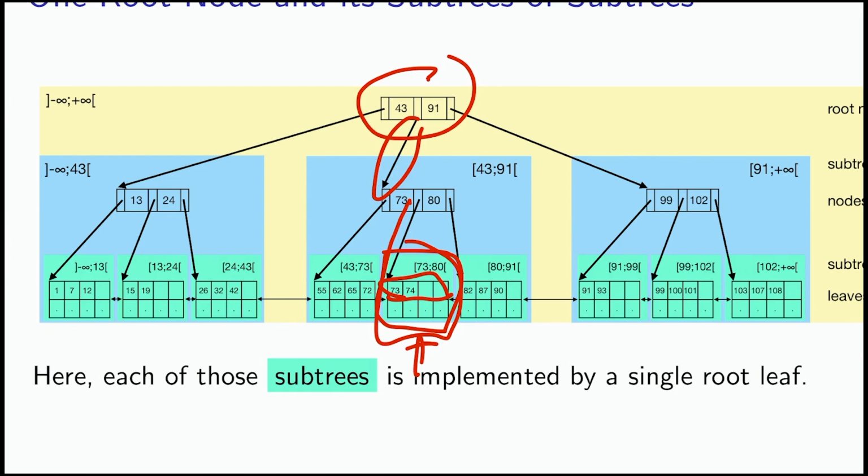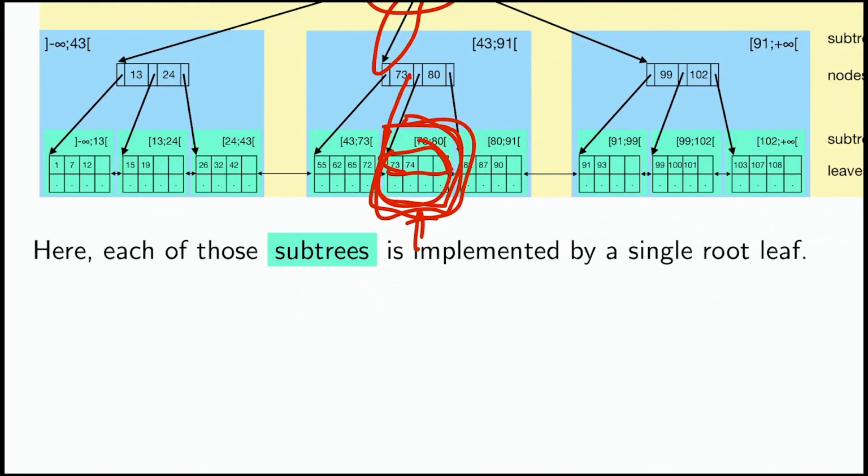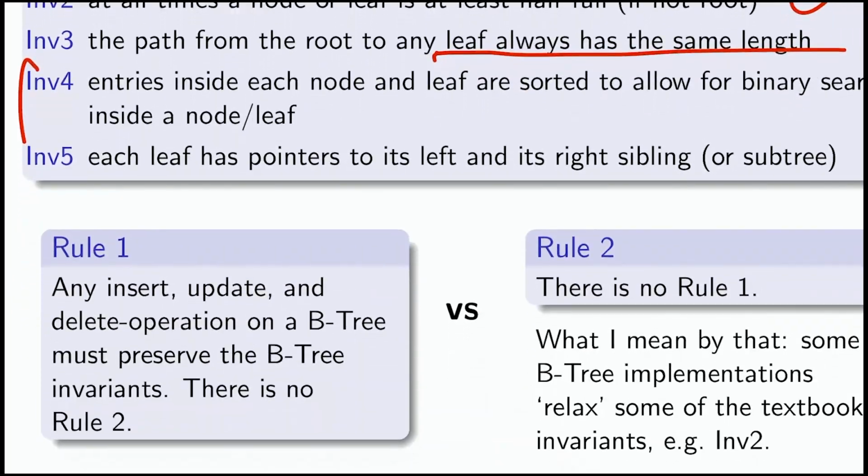The outside structure is used to identify the suitable partition, and inside the partition, you're doing binary search to speed up search. That's why you keep the data ordered by its key inside such a leaf node.